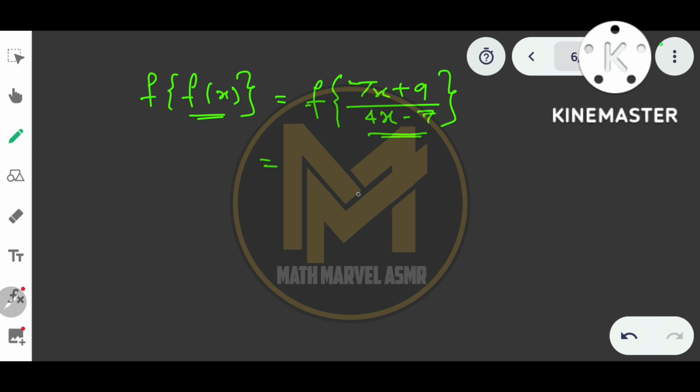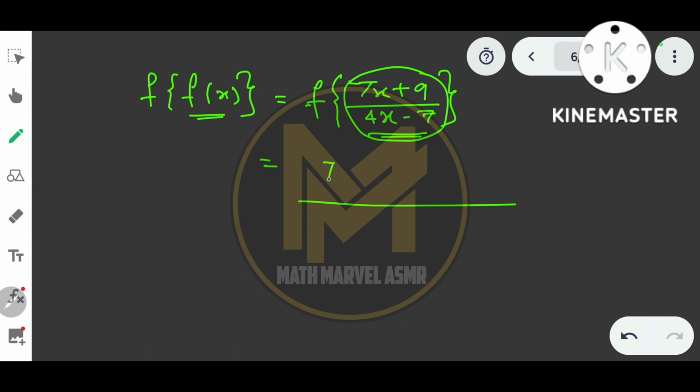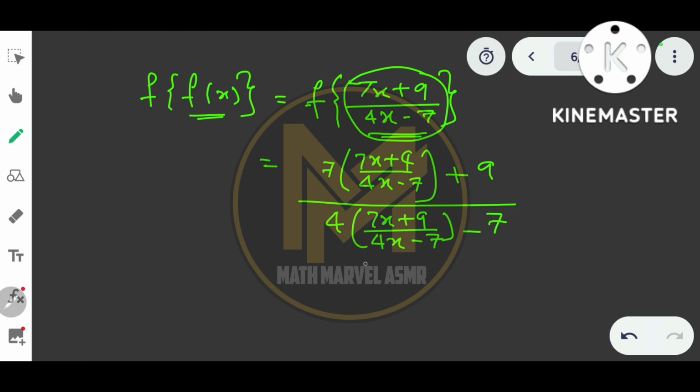Now for f of this function, we have to put this total part in place of x in the given function. That will be 7 into 7x plus 9 divided by 4x minus 7, plus 9, divided by 4 into 7x plus 9 divided by 4x minus 7, minus 7.